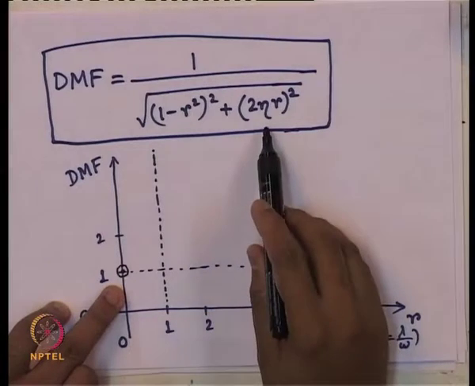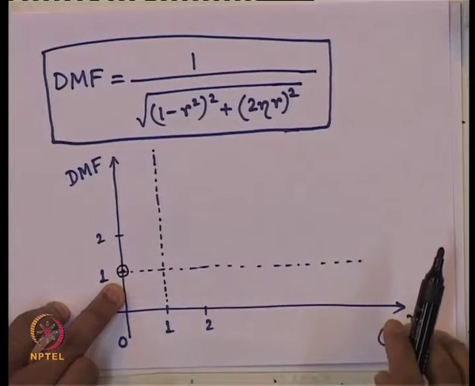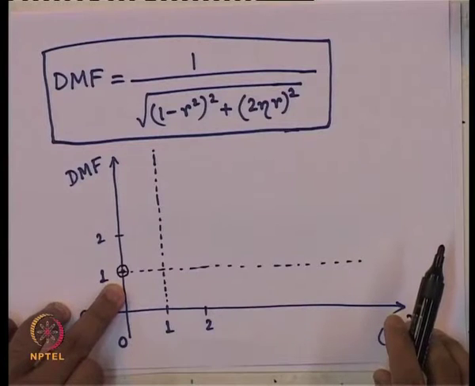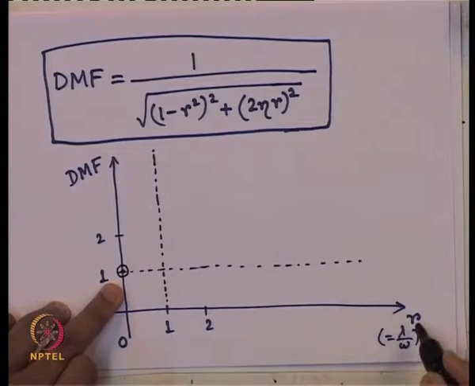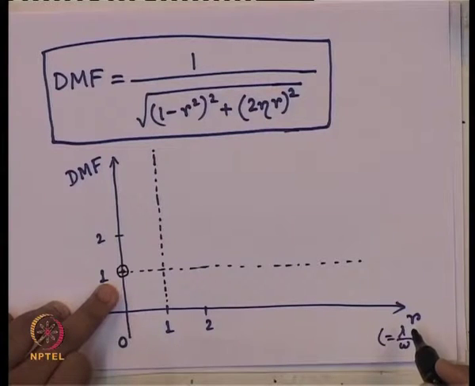When eta is non-zero, that is when we are considering a damped system, if we have r equals 0, that is again frequency ratio 0, what should be the value of the dynamic magnification factor? Again 1.